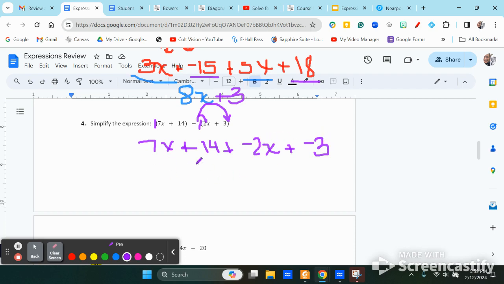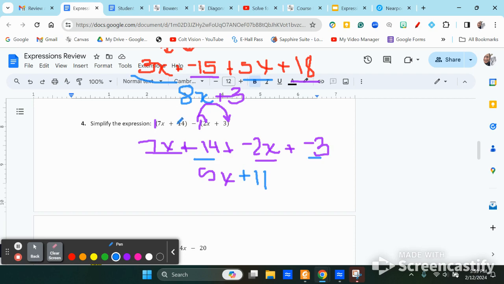And then when I combine like terms and I get my x's together, I have 5x, because 7 minus 2 is 5. And then I have 14 plus negative 3, so that's 11.